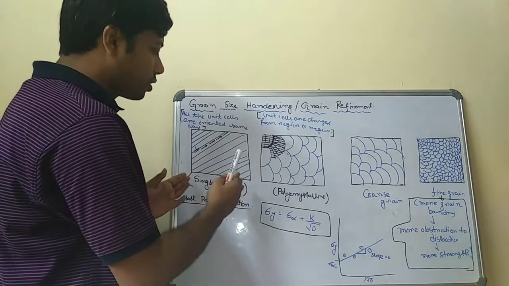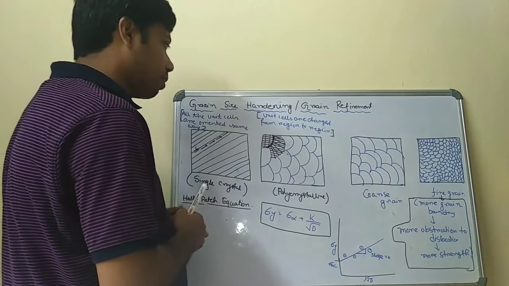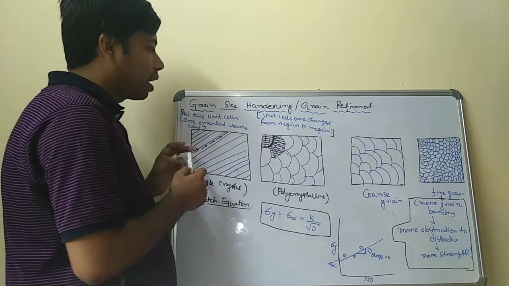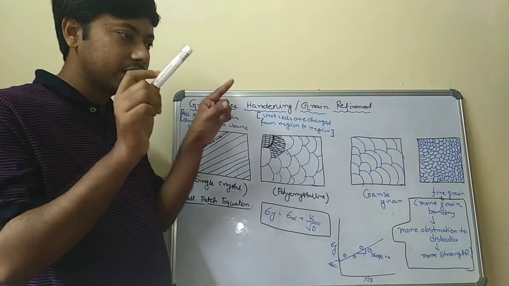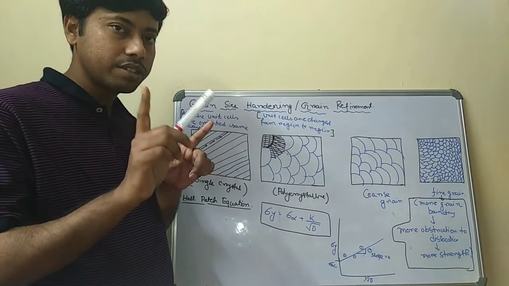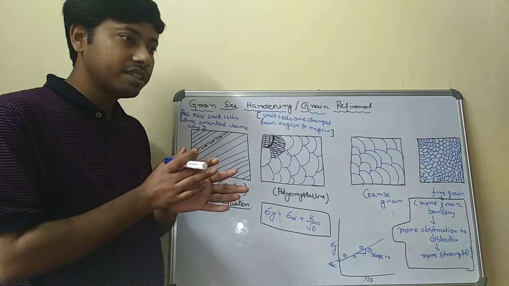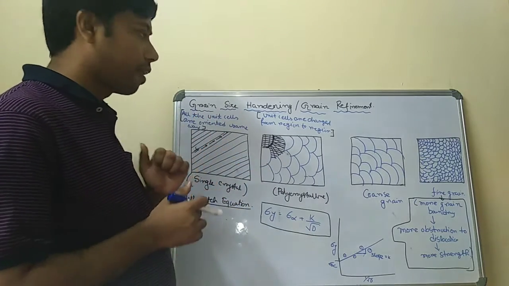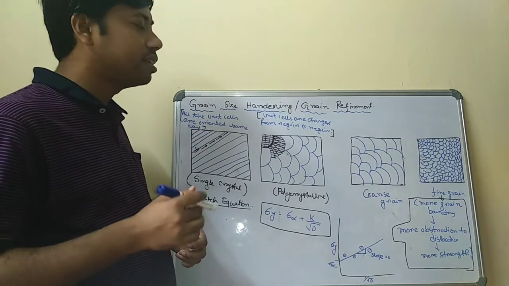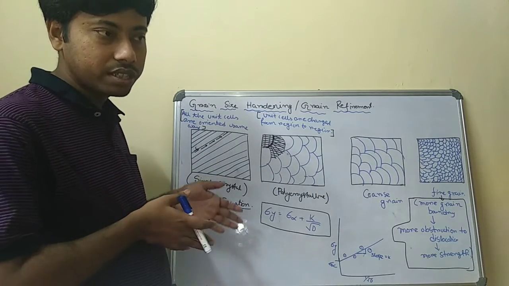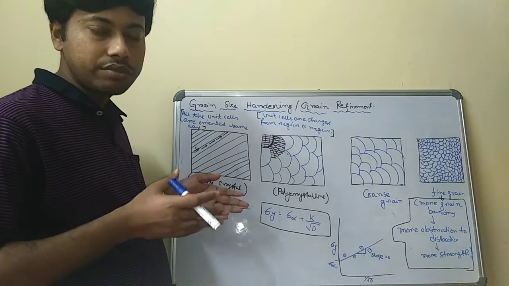This is the basic difference. In a single crystal, the unit cells are oriented in the same way, but in polycrystalline material, the unit cell orientation changes from region to region.